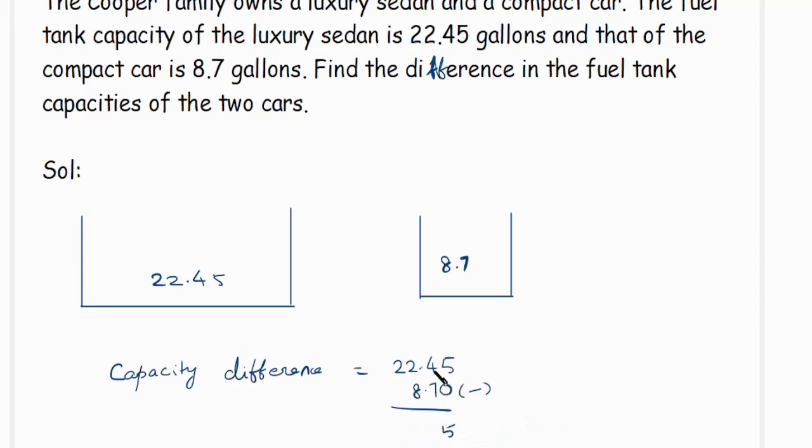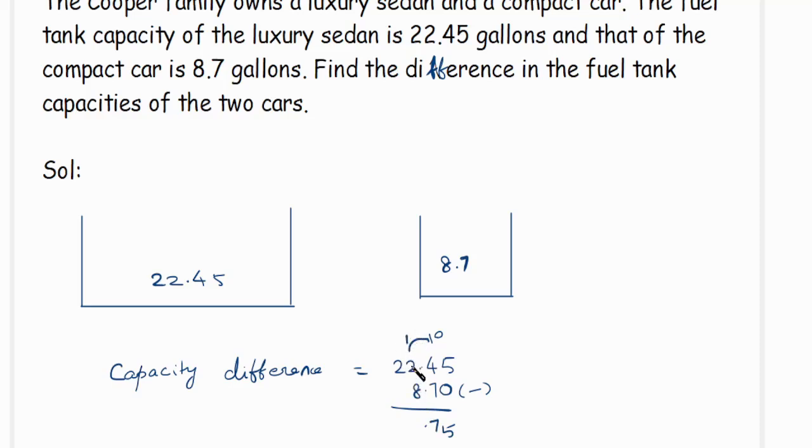Now 7 cannot be subtracted from 4 because it is the smaller value, so we have to borrow. After the borrow it becomes 14. 14 minus 7 is 7. Now it becomes 1.